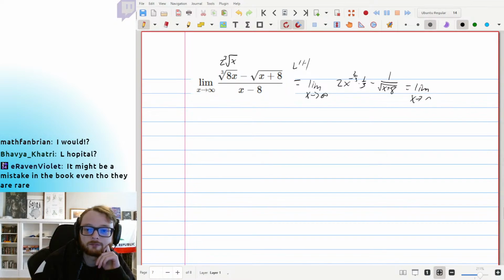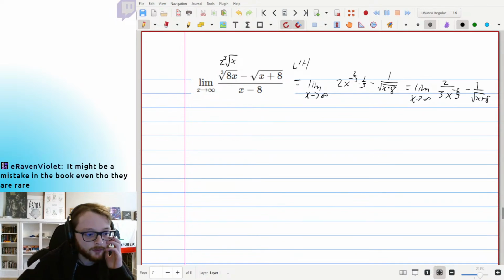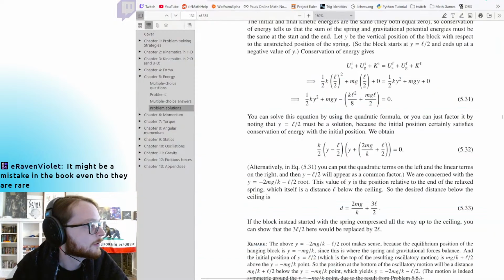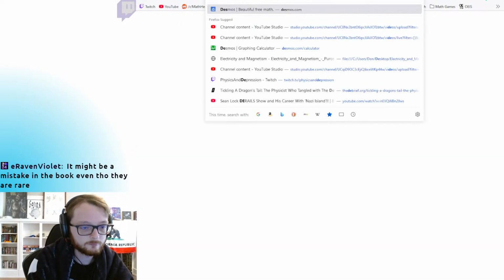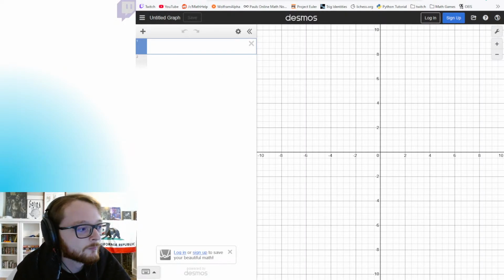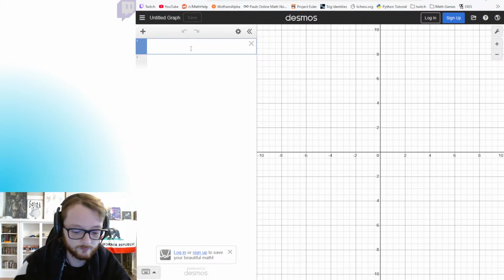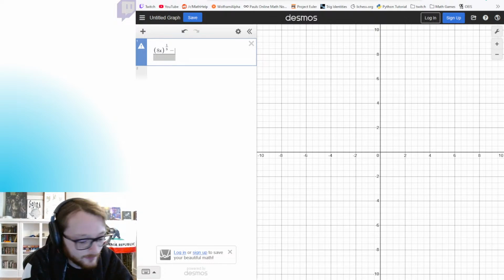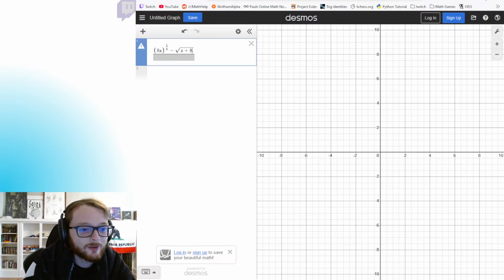Because these are both going to 0. We need to graph this, because if it's not 0, I'm confused. Come on, you can't tell me I'm wrong yet.